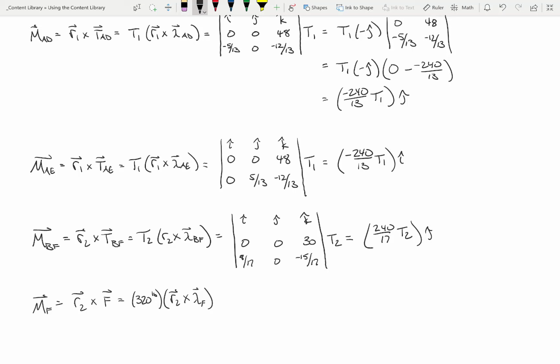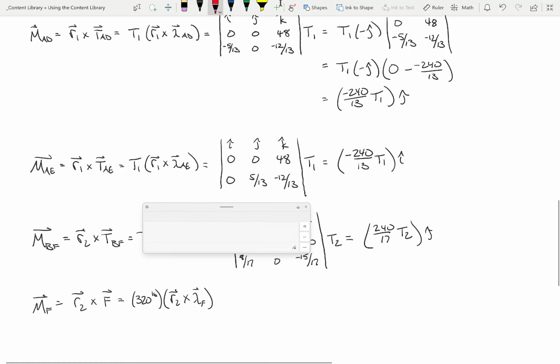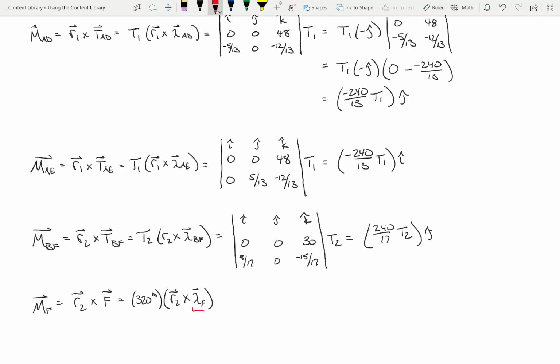But what would lambda sub f be? Anybody know what that would be? What's that? 1, but 1 in what direction? In the J, right? So this would just be 0I minus J plus K, right?